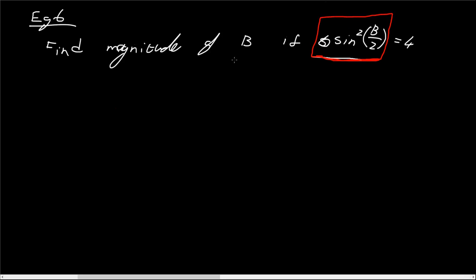The identity that we can use is the last identity. In your book it's called I14, which says sine squared a over 2 is equal to 1/2 of 1 minus cos a.